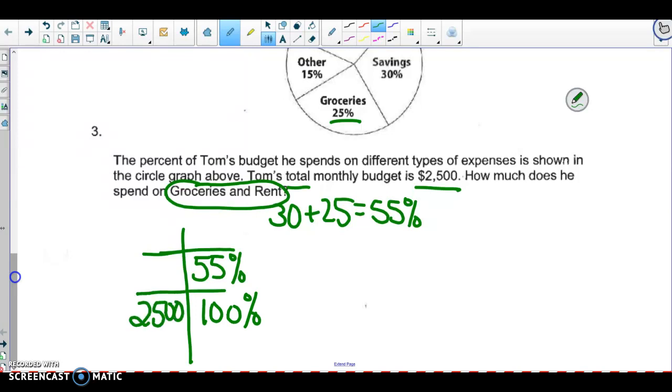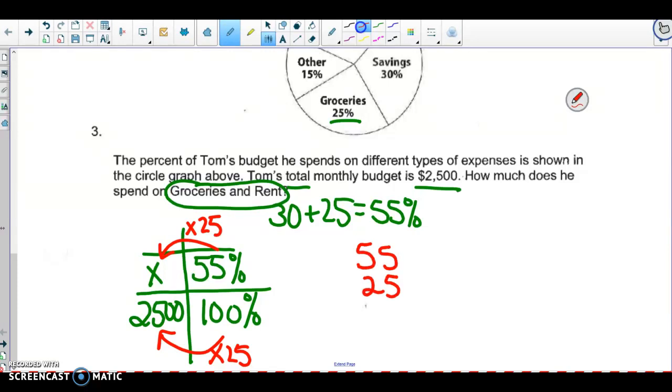And we learned that if we're looking for this missing one, we could look at it in fraction form. Like, I know that to get from here to here, I'm going to be multiplying by 25, because 2,500 is 25 times 100. So that means I would have to multiply here by 25. That would be one way we could solve that. Again, you might have done something totally different, and that's okay.